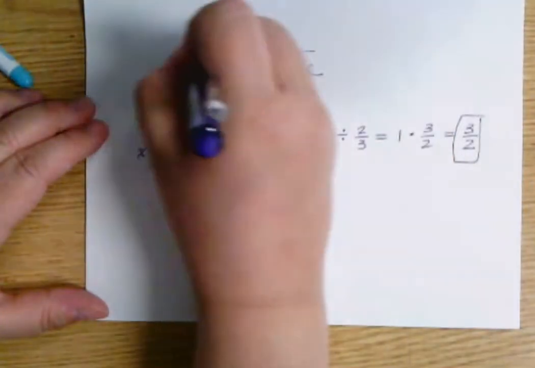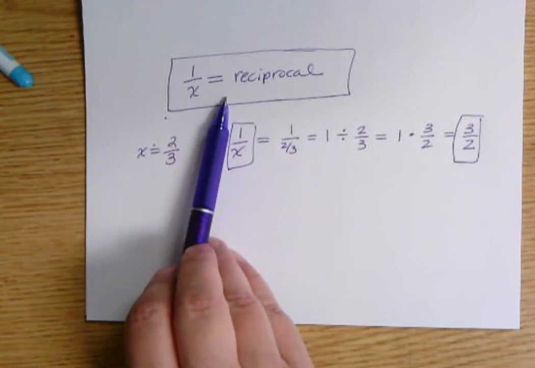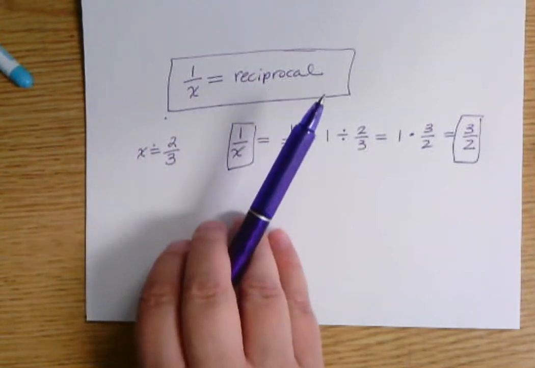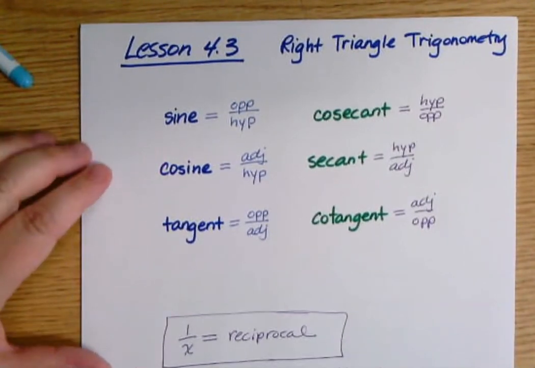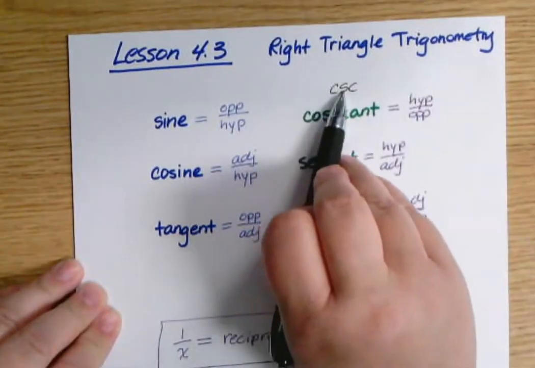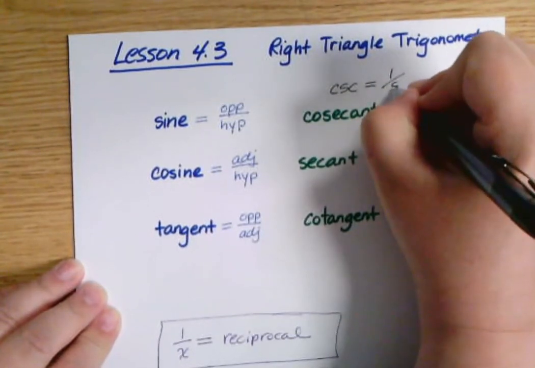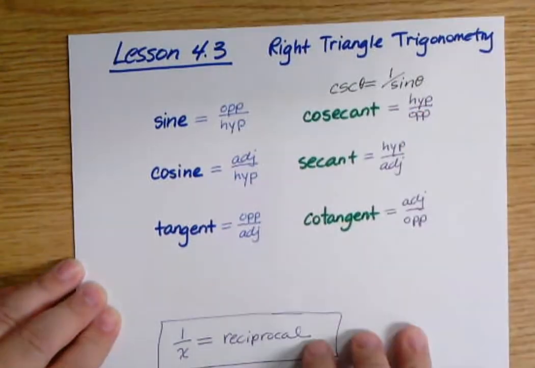So this is just a shorthand way of saying the reciprocal. If I say 1 over x, it doesn't necessarily mean you have to put it under 1. It means you have to flip it. So another way of saying this is I can say that the cosecant, which we sometimes abbreviate CSC, usually with an x or a theta or some sort of variable in there, the cosecant of my angle is 1 over the sine.